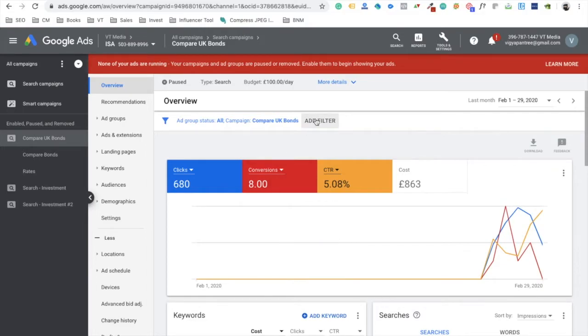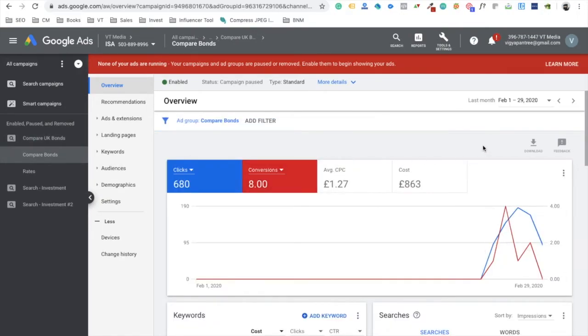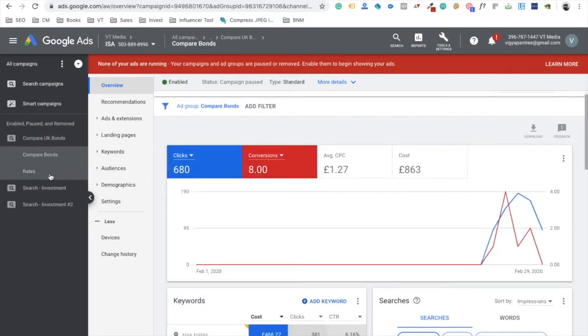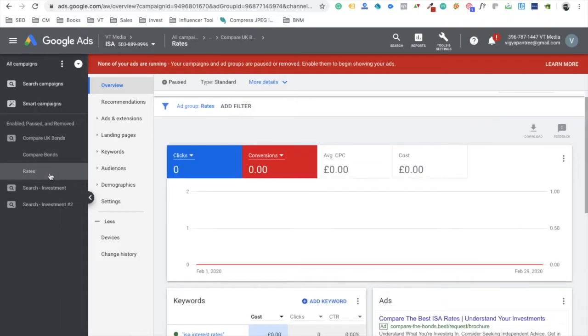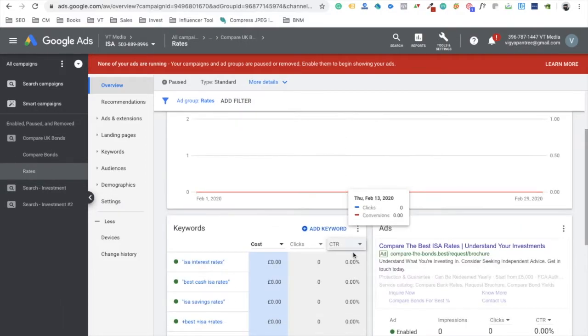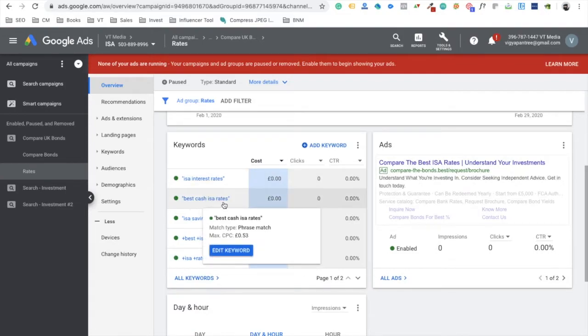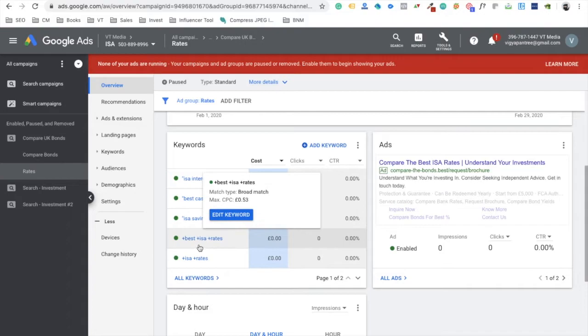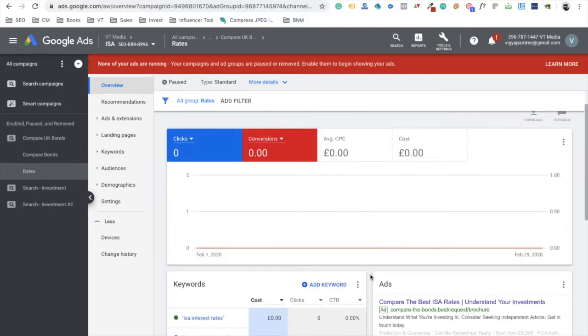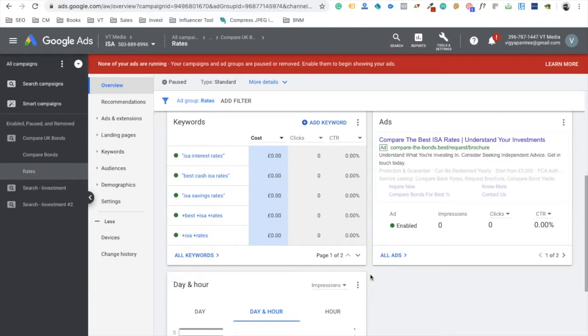campaign. Now let's look at the challenges that I faced. I created 2 ad groups in this. The first ad group I created was rates. The thing with rates was that I was just using keywords like ICR interest rates, best cash ICR rates, ICR saving rates, best ICR rate, basically for the people who are just looking for rates, because these terms had huge search volume.